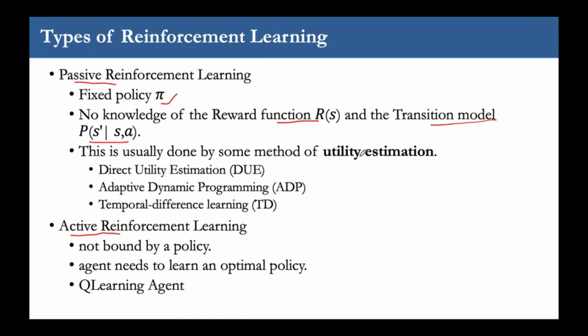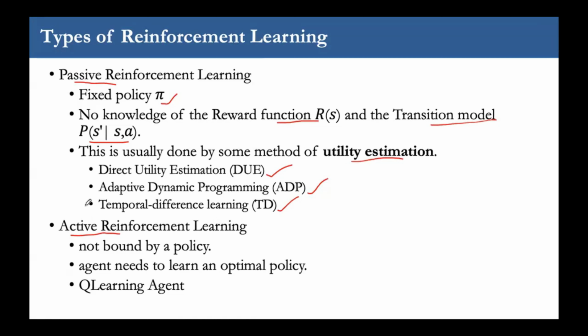This is usually done by some method of utility estimation. The methods we have are direct utility estimation, adaptive dynamic programming, and temporal difference learning. These are the different types of passive reinforcement learning.